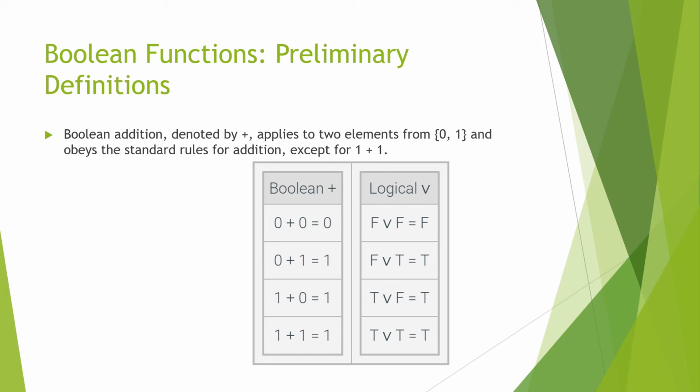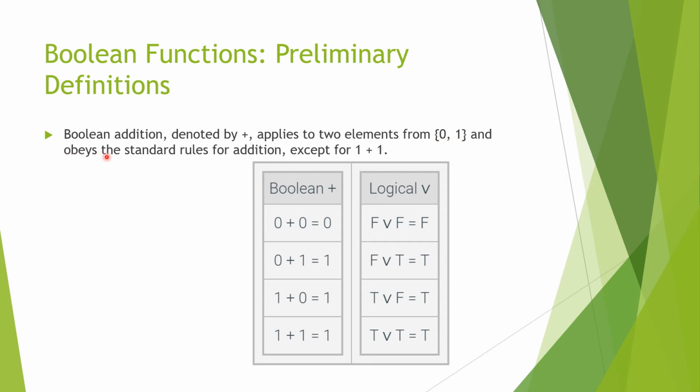Next, we define Boolean addition, which is denoted by a plus sign. Boolean addition is a little bit different from standard addition in algebra, and I'm going to talk about the difference. First of all, Boolean addition again has two operands. Each one of them should be either 0 or 1.